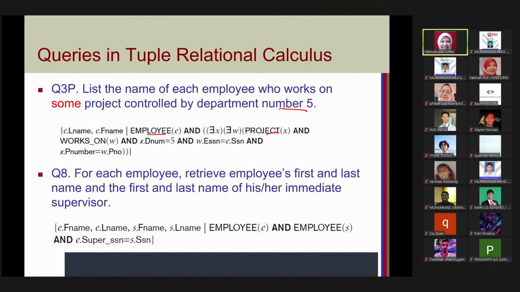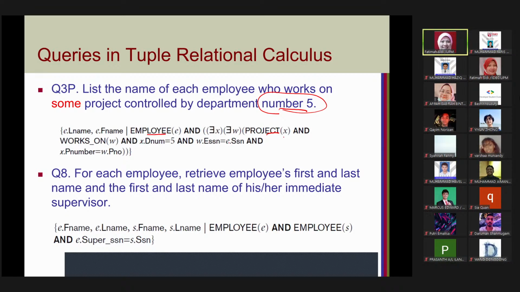The employee exists X from the project and W from works on, where X.D number is equal to 5, and of course we need to join W.ESSN from works on with E.SSN from the employee, and X.P number equal to W.P number.